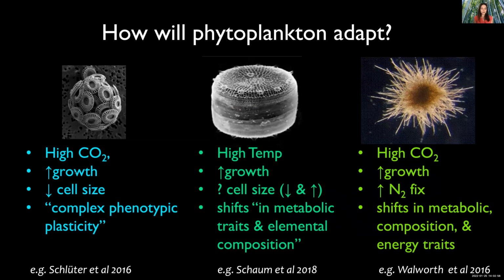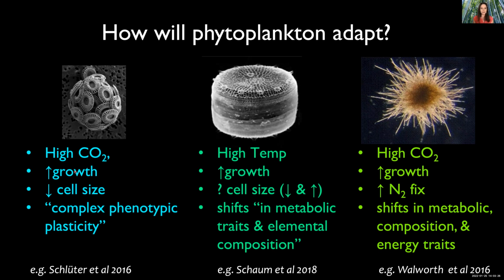We've been seeing an increasing number of experimental evolution studies which show that phytoplankton can adapt on relatively short timescales, 300 to 400 generations. These experiments have now been conducted on a wide range of marine species, including coccolithophores, diatoms, Trichodesmium, dinoflagellates, et cetera. They've been done under both single stressors, so high CO2, for example, or high temperature, and multi-stressors, combining multiple stressors together.